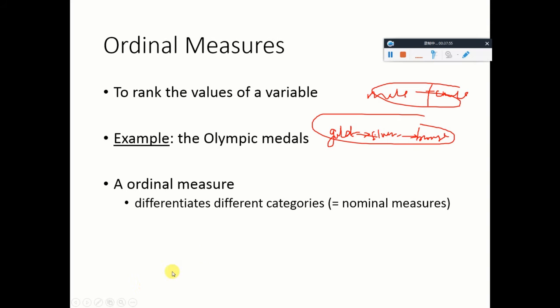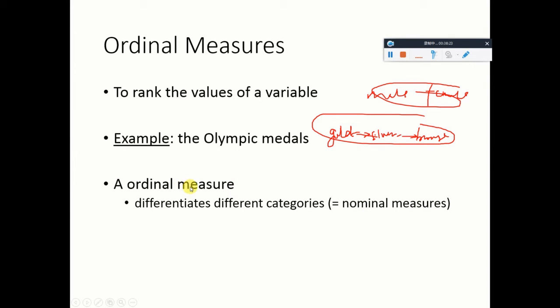So, just to recap what we just said: an ordinal measure will first of all fulfill the same function, and provide the same information, as a nominal measure, by distinguishing between different states, between different categories. That's what a nominal measure can do.